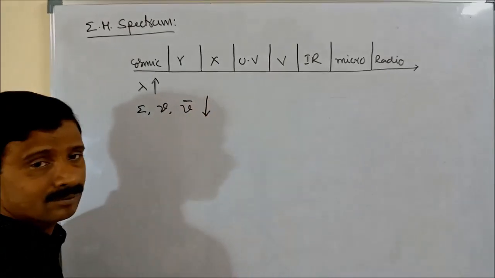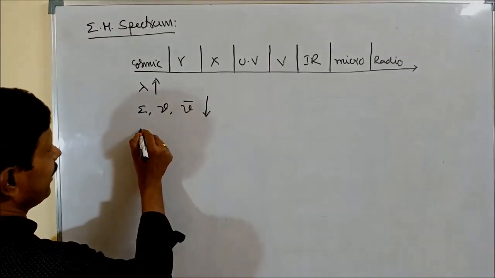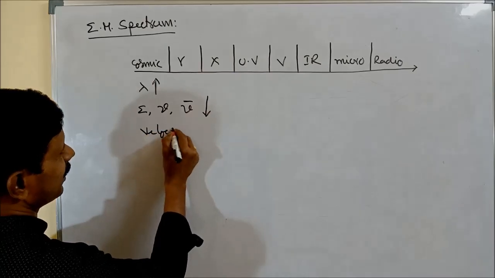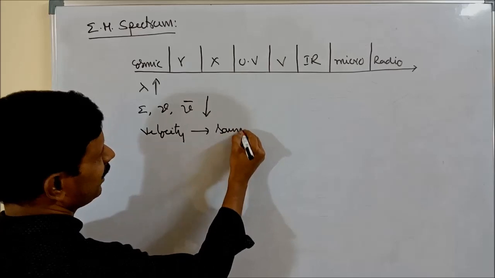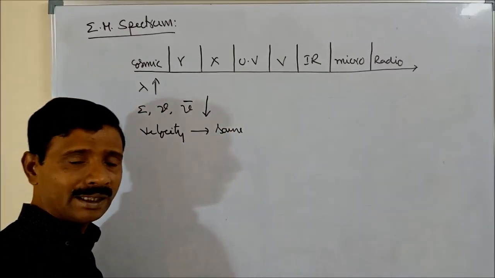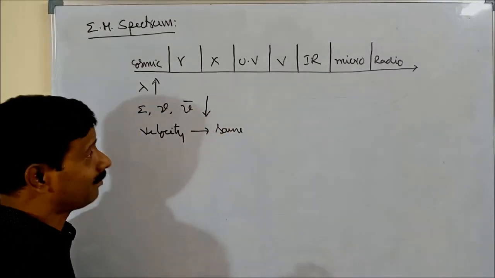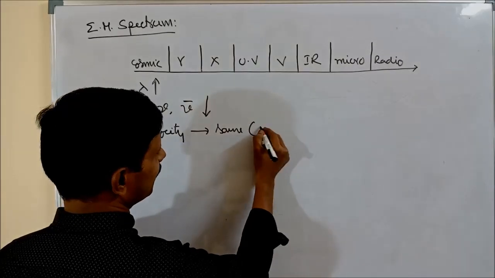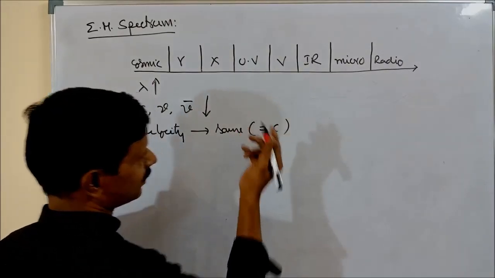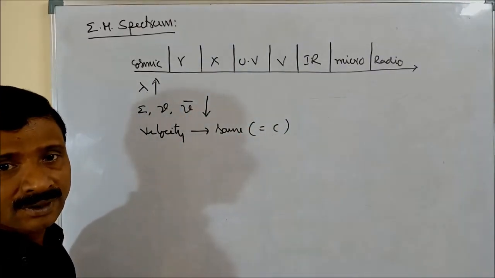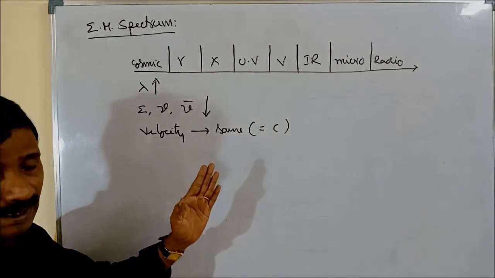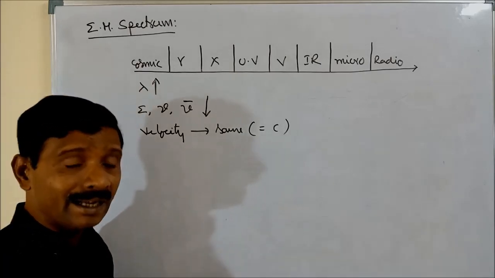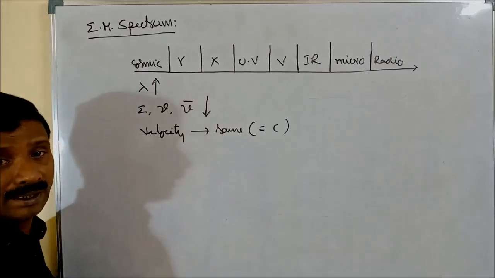But if you observe the velocity of all these electromagnetic radiations, it remains the same. All electromagnetic radiations travel with the same velocity, which is equal to the velocity of light. So first you should know the sequence of these radiations and the order in which we arranged them. That is very, very important.